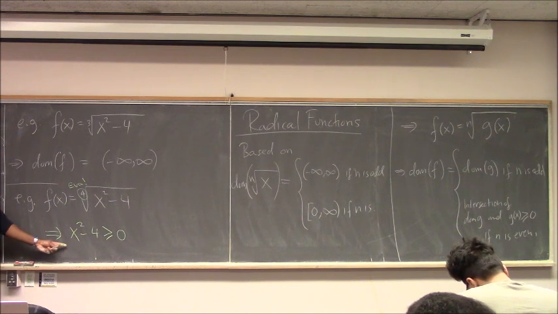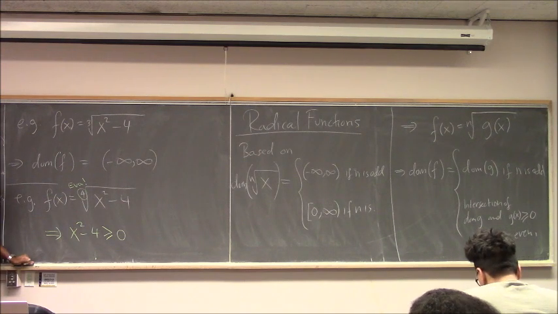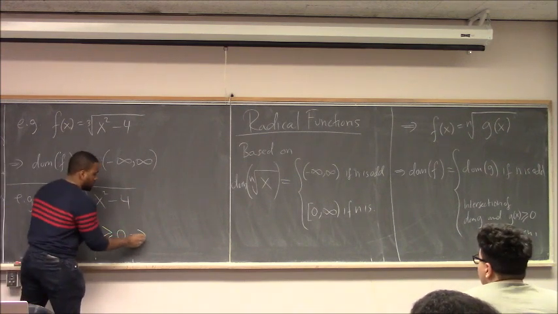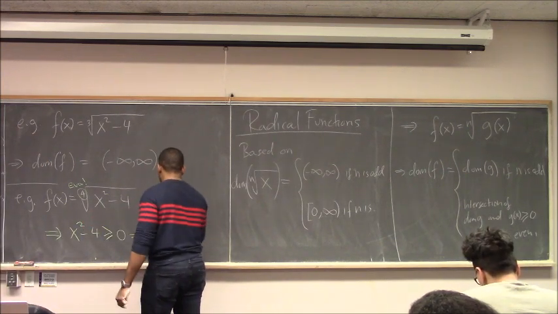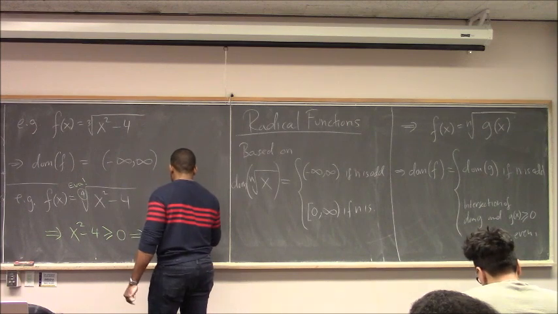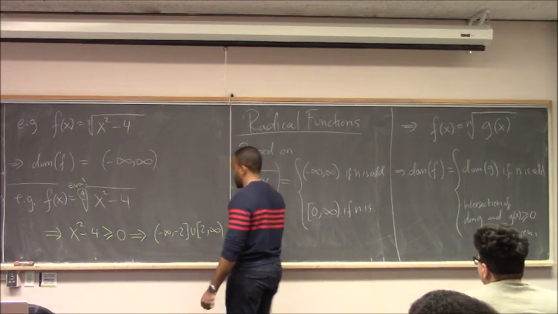Technically, it's the intersection between where this works and where this is nonnegative, but this works everywhere, so you just care about that situation. And so that would tell you that your x has to be anything less than or equal to minus 2 and anything greater than or equal to 2.